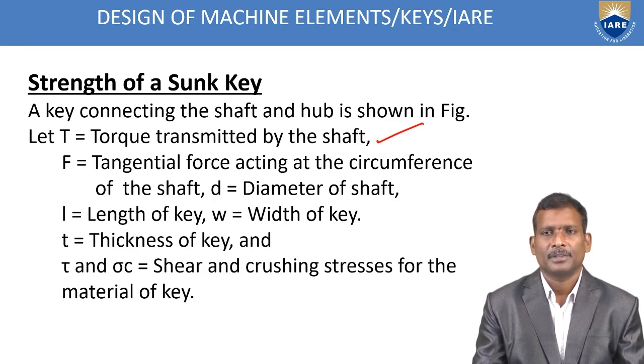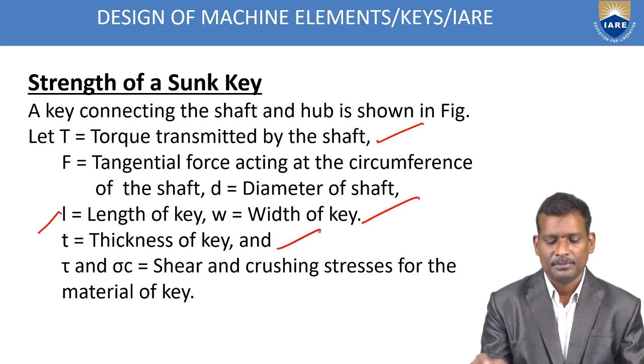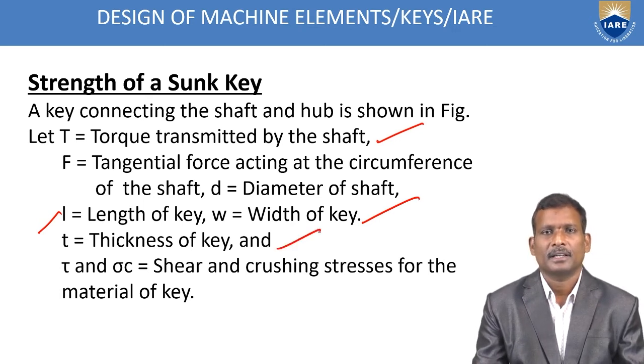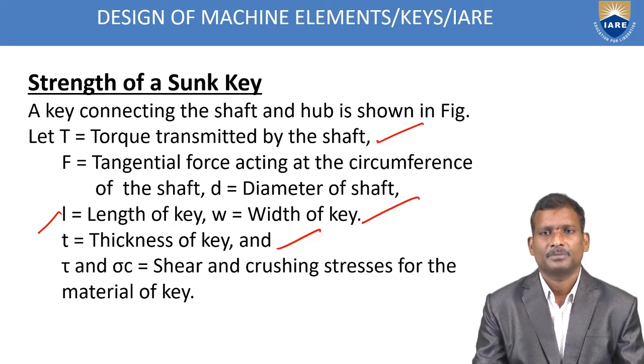D is the diameter of the shaft, L is the length of the key, W is the width of the key and T is the thickness of the key. Take tau and sigma c as the shear and crushing stresses for the material of the key. The shear stress value and crushing stress value depend upon the material.